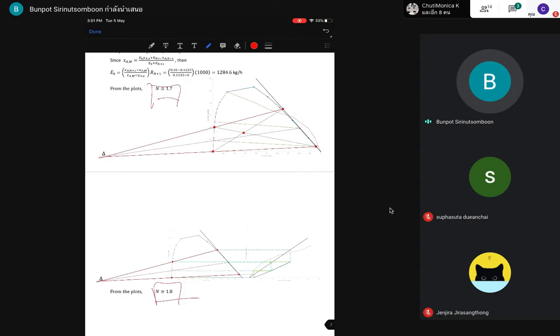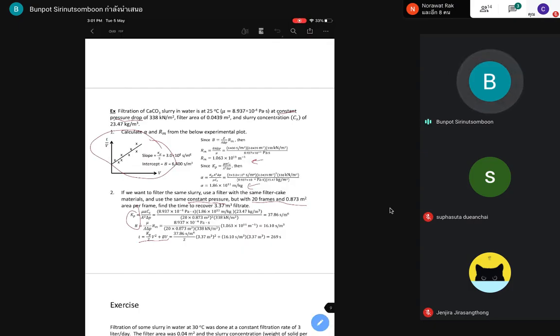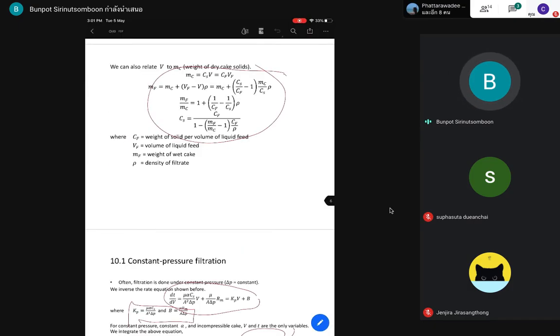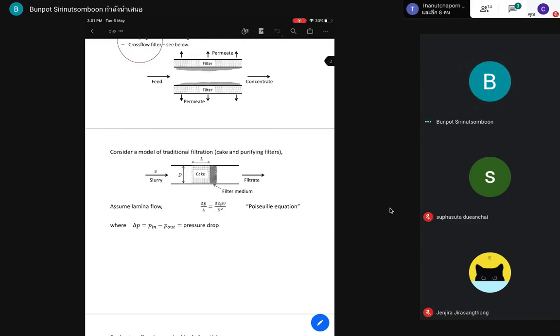Then I move on to the last chapter. Actually, the last chapter is very simple. It's totally different from the other processes that we learned so far. It's filtration, and the filtration that we focus on is the traditional filtration with cake.